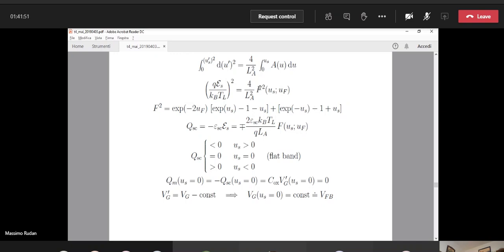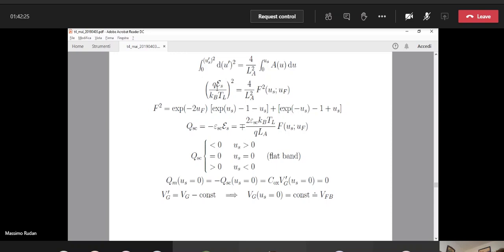Okay, so f can be expressed as a function of the surface potential. And you see on the left we have the electric field at the surface only. So by this expression we can express the electric field at the surface as a function of the surface potential. So we have completed, we've accomplished the task that we had to do.